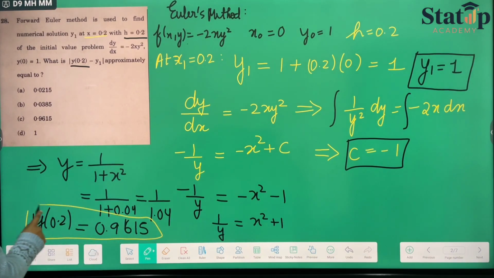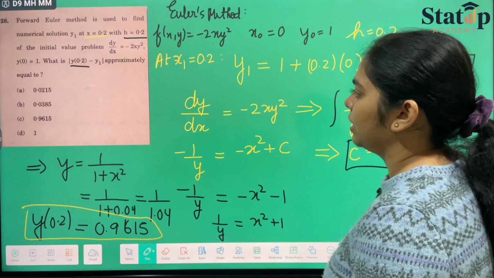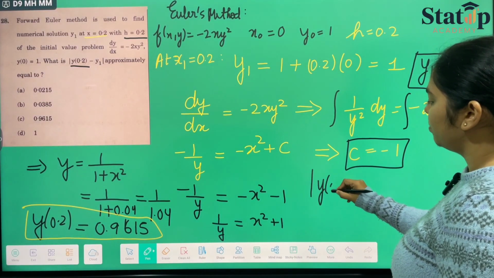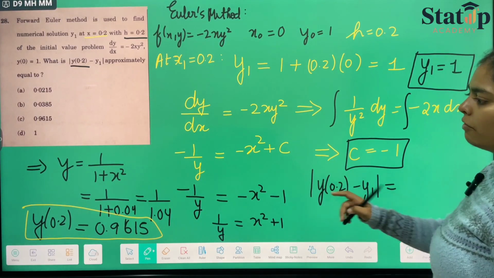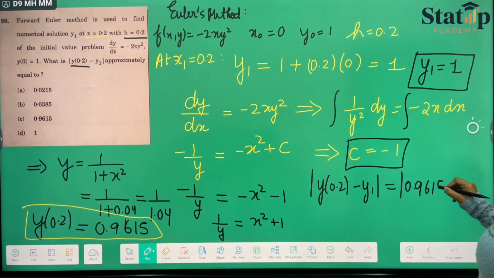These two values we have calculated, y(0.2) and y1. And in the question, they have asked us to calculate this modulus of y(0.2) minus y1. y(0.2) is nothing but 0.9615 and y1 is nothing but 1.